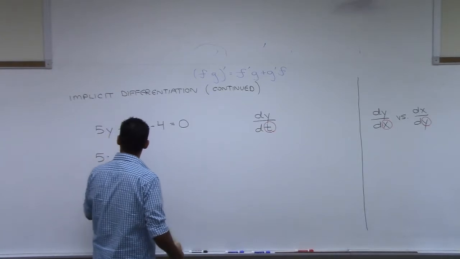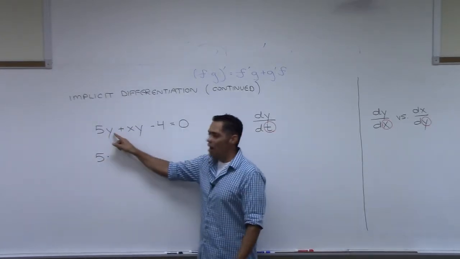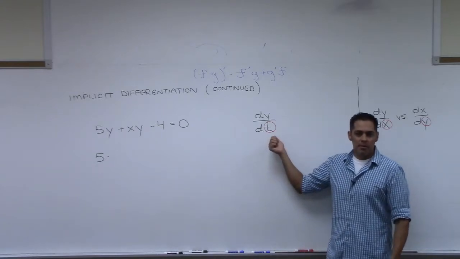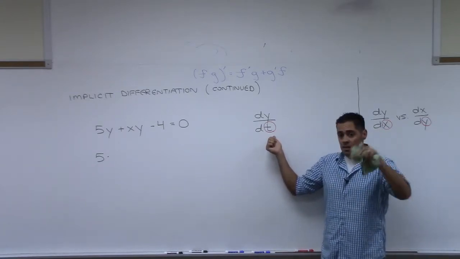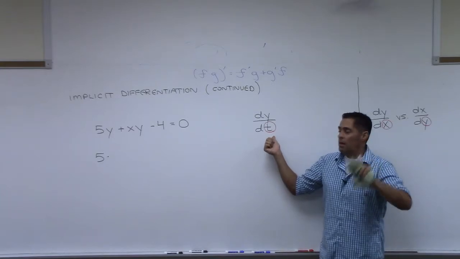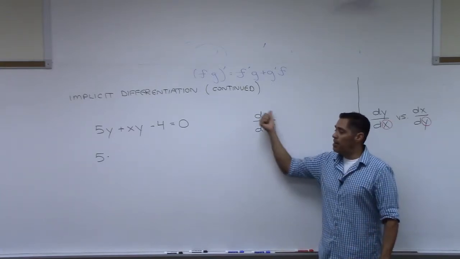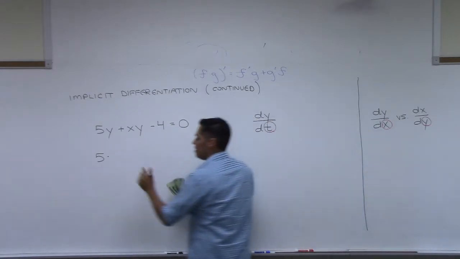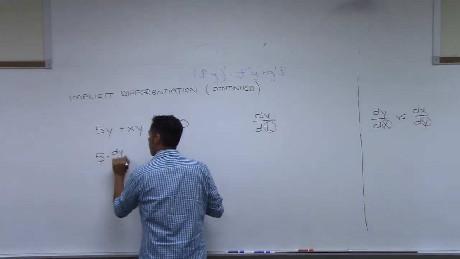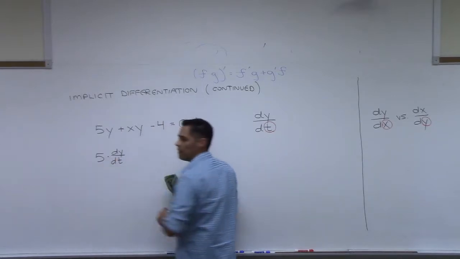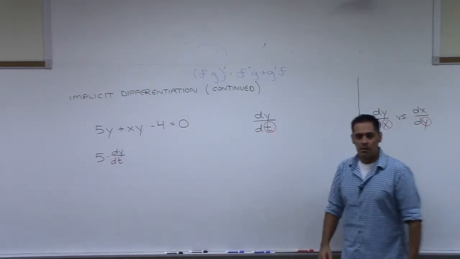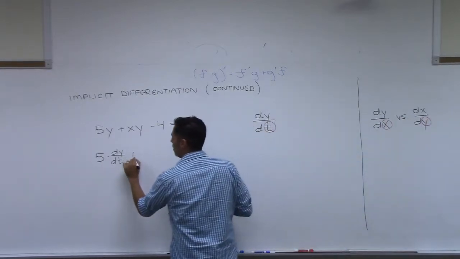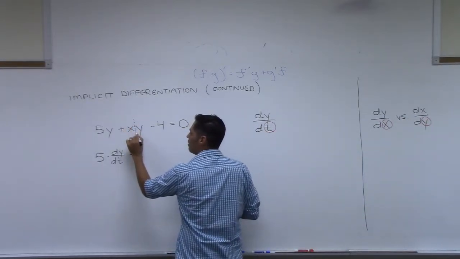Now, what is the derivative of y with respect to t? Did you say y prime? Yes, it's not 1 though, right? And instead of writing y prime, I'm going to write this. Isn't that dy dt? This is dy dt. Then I say plus, and now I have my product rule right there.